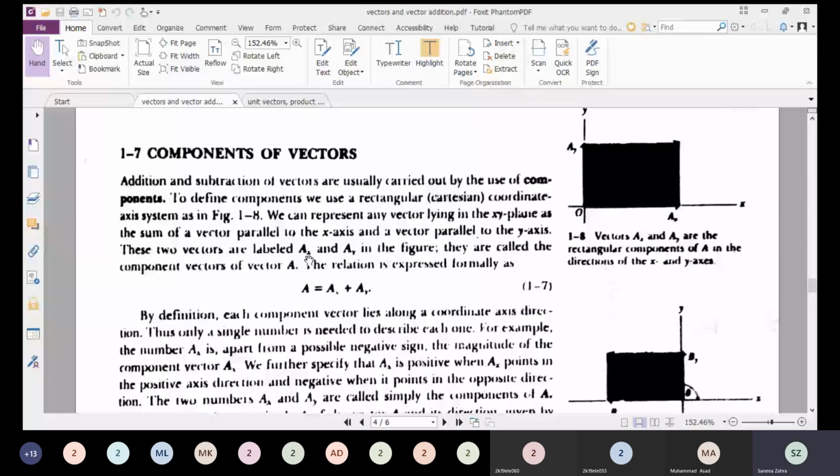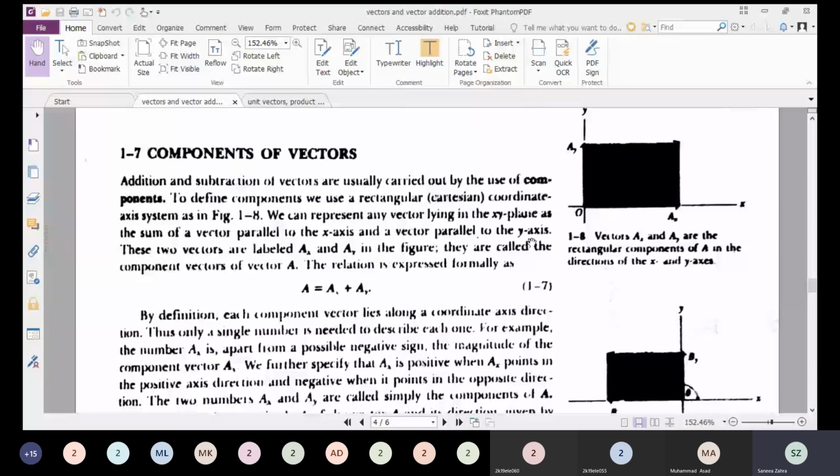You can see in figure 1-8, which represents any vector lying in the xy plane as the sum of a vector parallel to the x-axis and a vector parallel to the y-axis. Whenever you draw a vector in a Cartesian coordinate system, it will simply split into its constituent components.